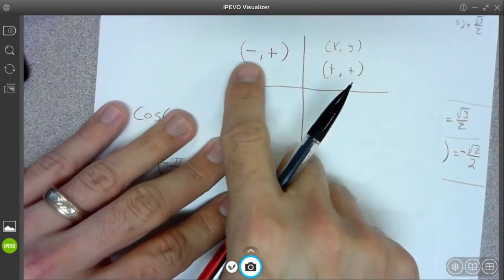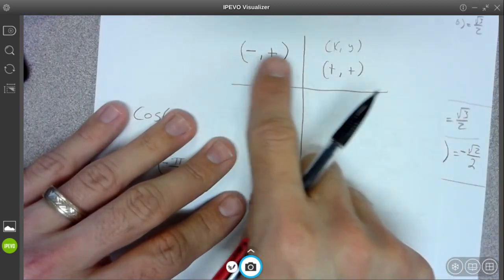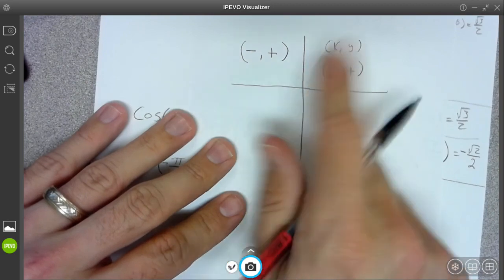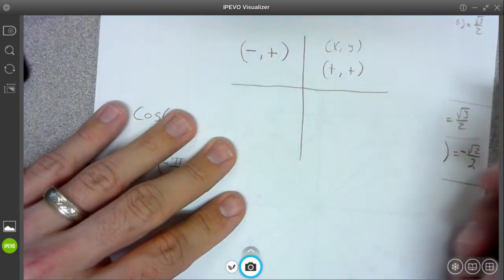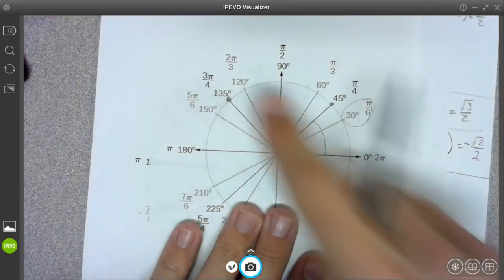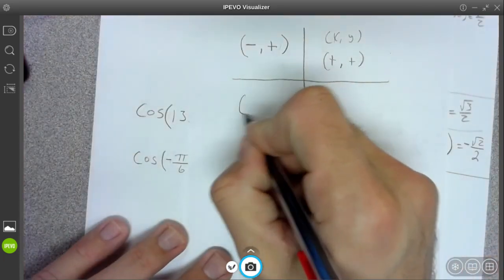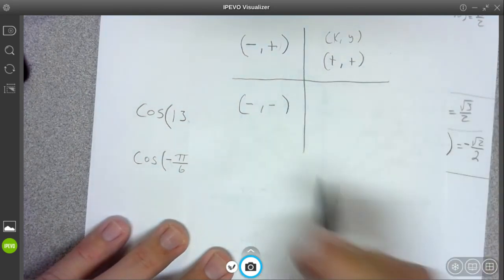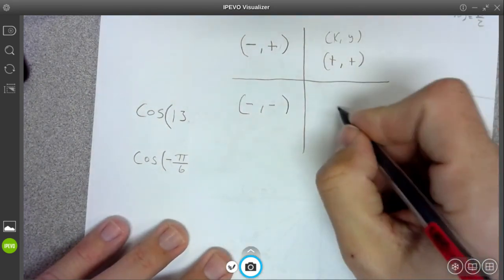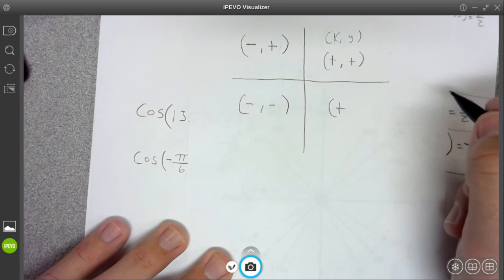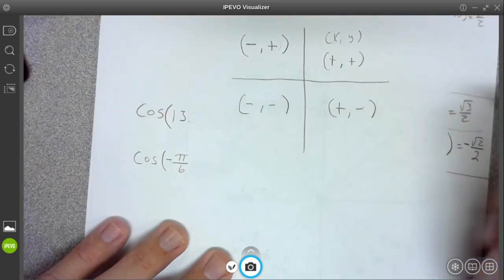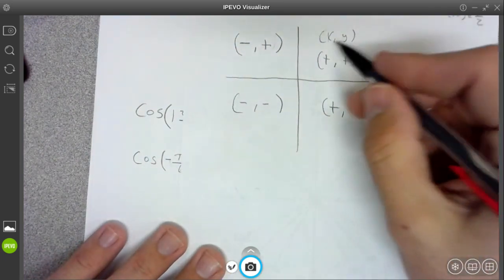So this would be, cosine is negative and sine is positive if your terminal side ends in quadrant 2. So like, if it's any of those angles there. And then in quadrant 3, it's negative and negative, left and down. And then quadrant 4, it's positive for the x values and negative for the y values. So that's a good thing to have also in your notes.